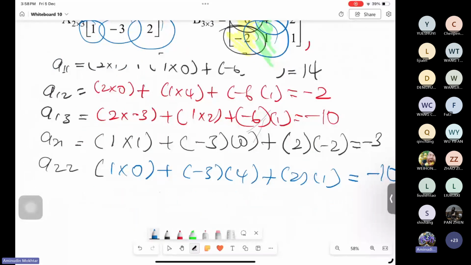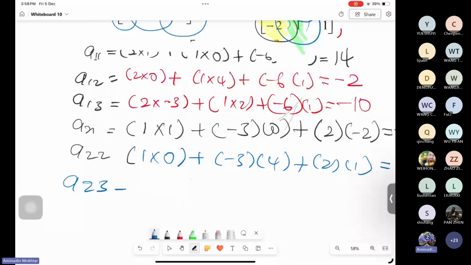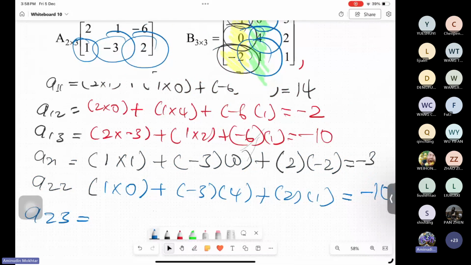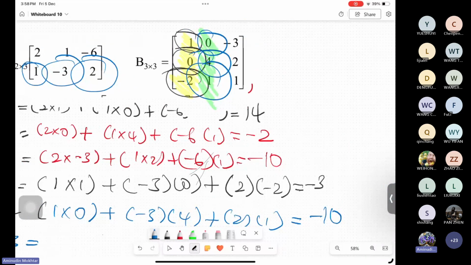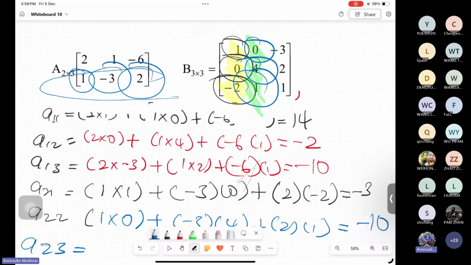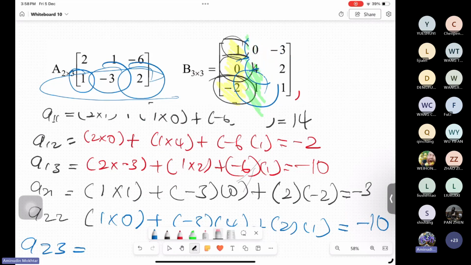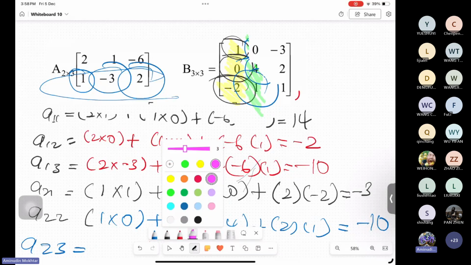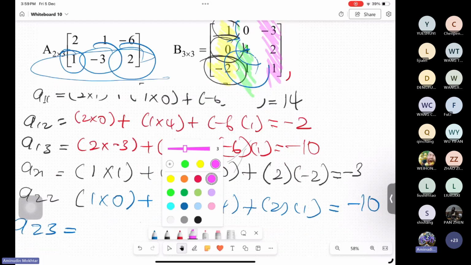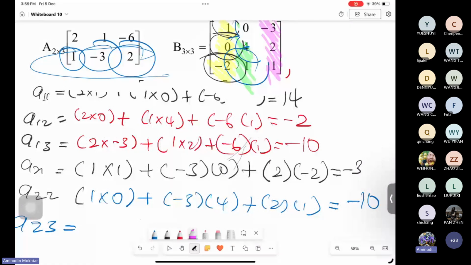Okay, A22. Okay, the last one is A23, the second row and the third column. So the second row of A, this number, and the third column of B. That's why the matrix is 2 times 3: the second row of A times the third column of B. That's the condition of the situation, how to find this multiplication.